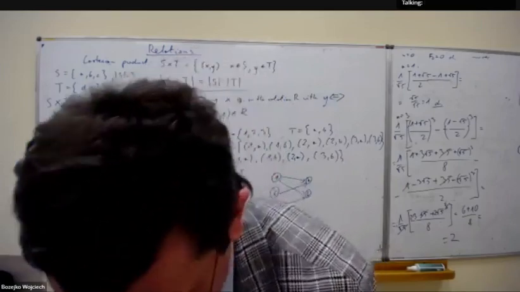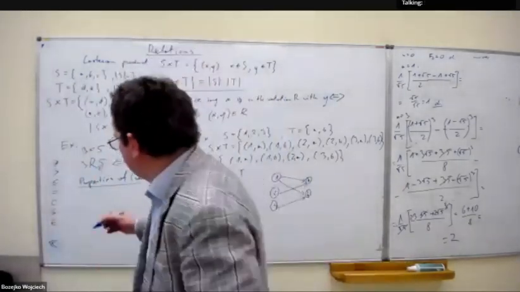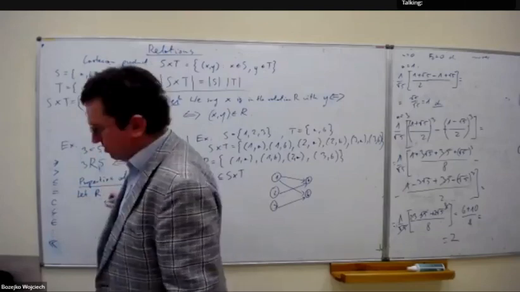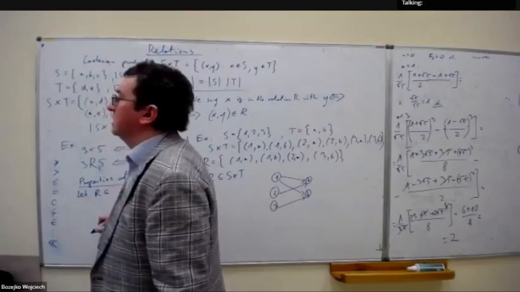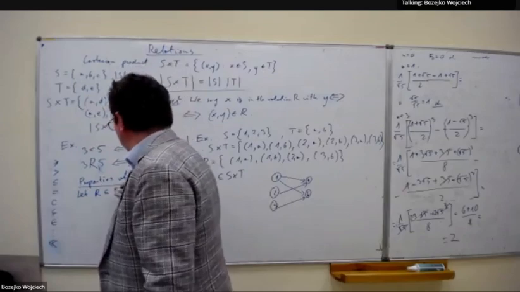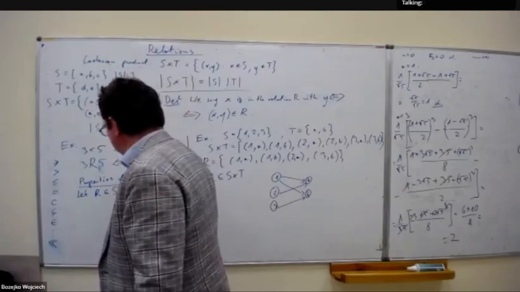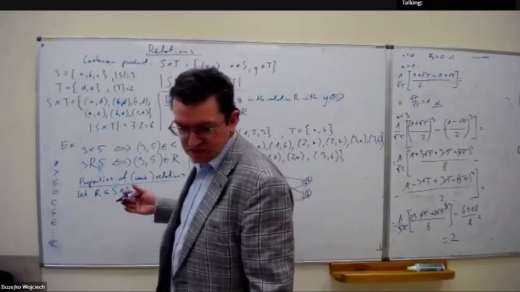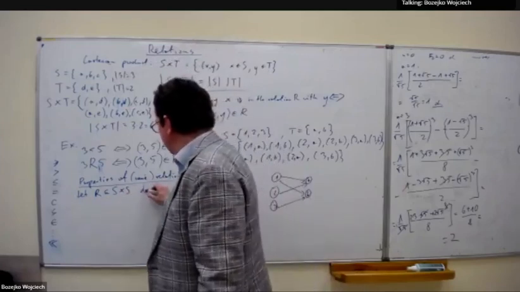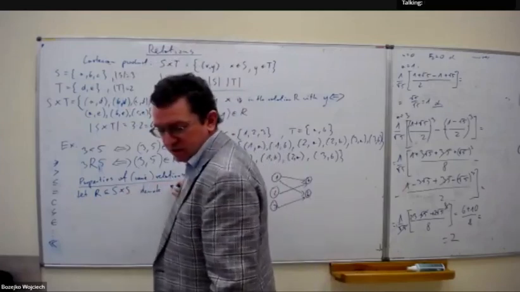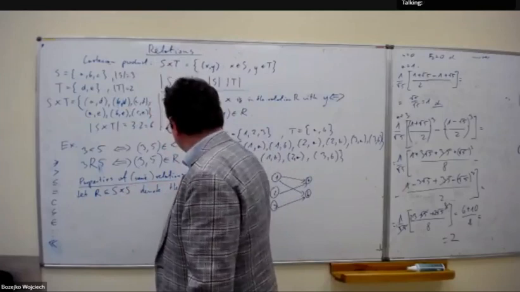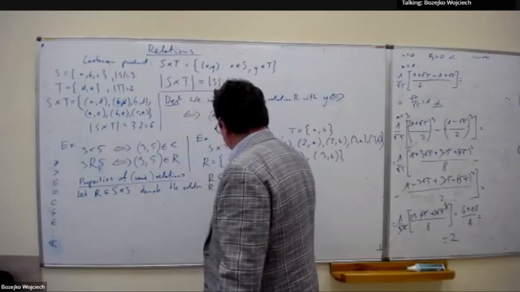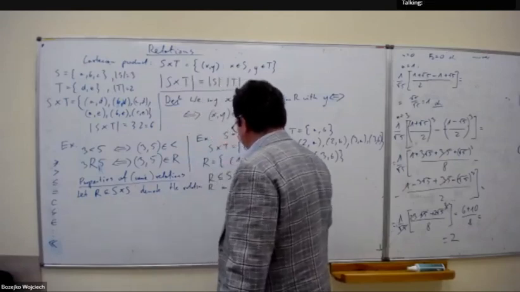Sorry. Let the relation R be a part of the Cartesian product S times S, the same set. So this is a relation on the set S. Denote the relation R on the set S.